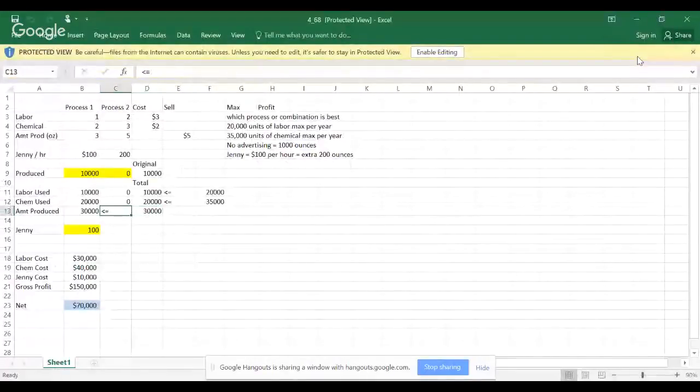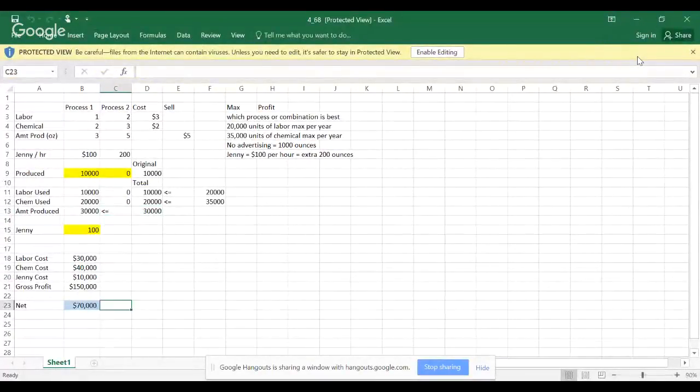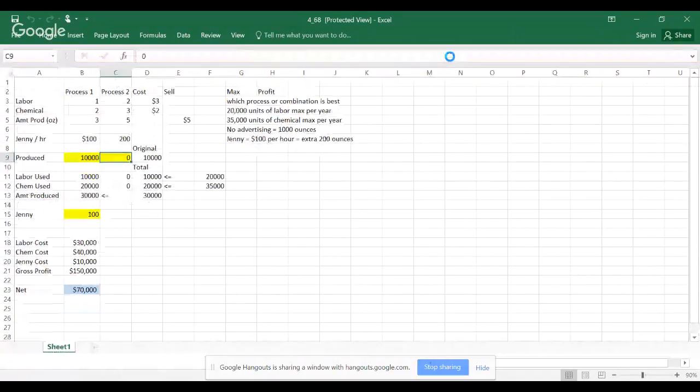Let's see if we can figure out what's wrong on this one. The gross profit immediately looks just a little bit low to me. Well, that's because you're not producing anything on line 2. So let's see if I put the right value for line 2 in. No, it's still not right. Okay. Are we converting this to, oh, no, okay.